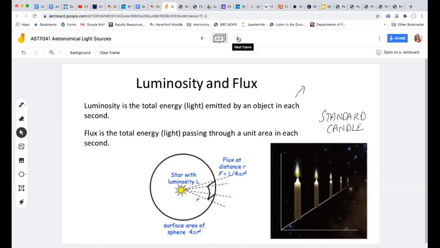And so the further you are away from the source, the lower the flux is, but the luminosity will always be the same. And then this one comes up a lot, right? That the flux is the luminosity divided by 4 pi r squared, where r is the distance to the source. And that's just the surface area of a sphere around the source with that radius. Surface area of a sphere is 4 pi r squared.